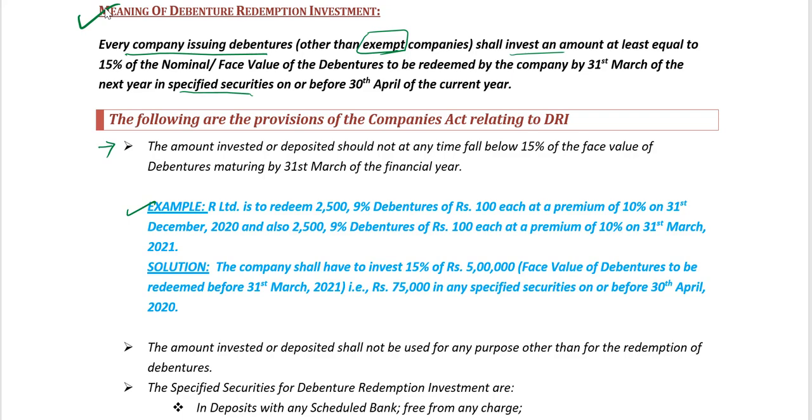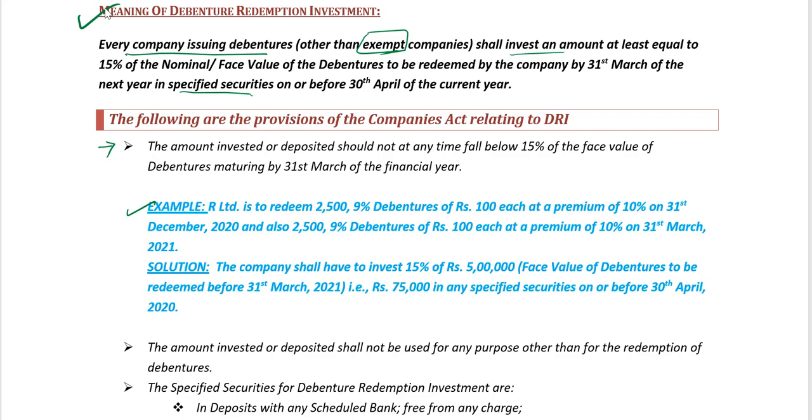Let's say R Limited is to redeem 2,500 9% debentures of Rs 100 each at a premium of 10% on 31st December 2020 and also 2,500 9% debentures of Rs 100 each at a premium of 10% on 31st March 2021. Now the company shall have to invest 15% of Rs 5 lakh.